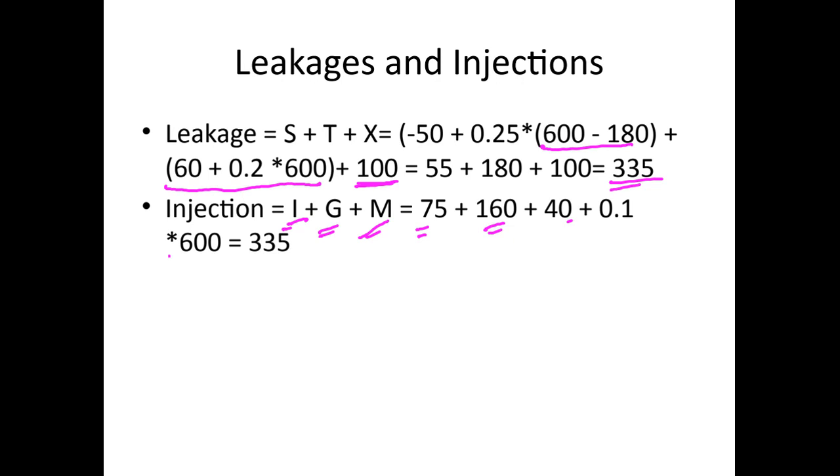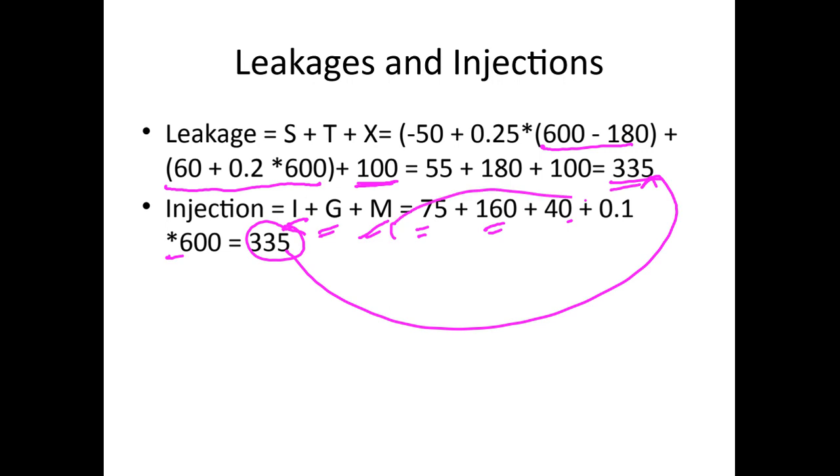See, both are equal. So they will always be equal at equilibrium. How do I know at equilibrium? Because I kept using Y equal to 600. So I'm calculating all these leakages and injections at that level of income, 600. And since 600 is equilibrium, they both should be equal.